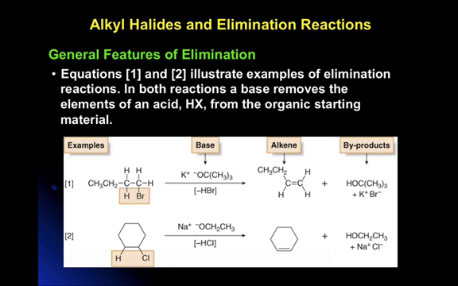Because if it functioned as a nucleophile, what chemistry would probably occur? SN2 chemistry, right? So what kind of base did she pick here? Yeah, a big bulky base. And can it function as a nucleophile? No. So with primary alkyl halides, you're going to want to make sure your base is big and bulky, okay?